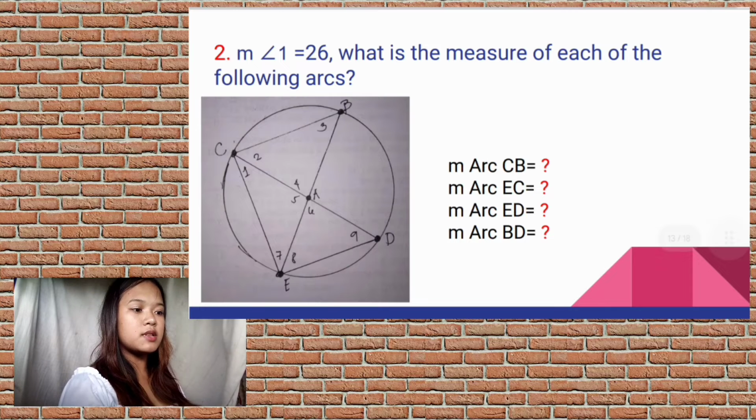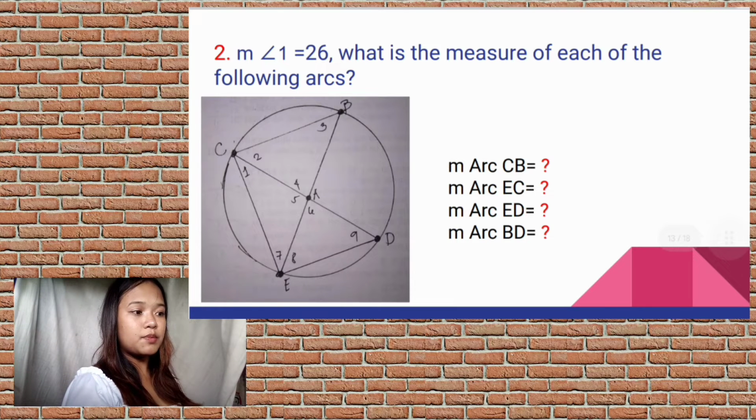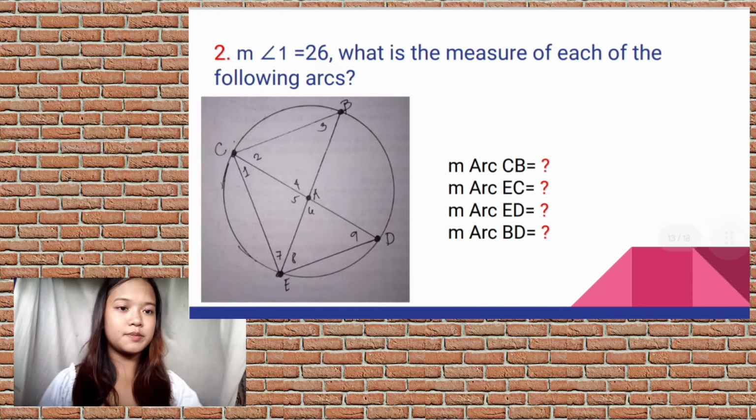So arc CB is 52, because 180 minus 128 is equal to 52. Then arc CE is 128 because it is equal to arc BD. Then arc CE is equal to arc CB, equals 56.